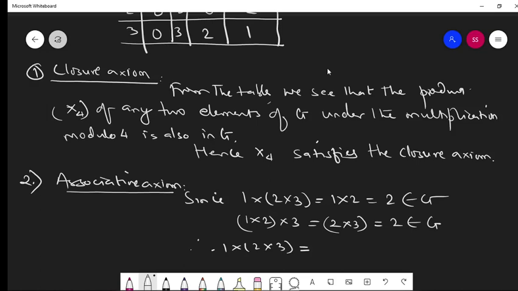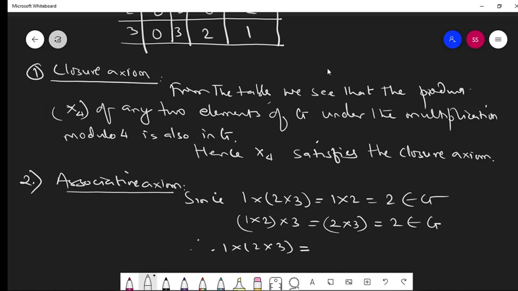From this the result is true for every element of G. Therefore the associative axiom is satisfied.